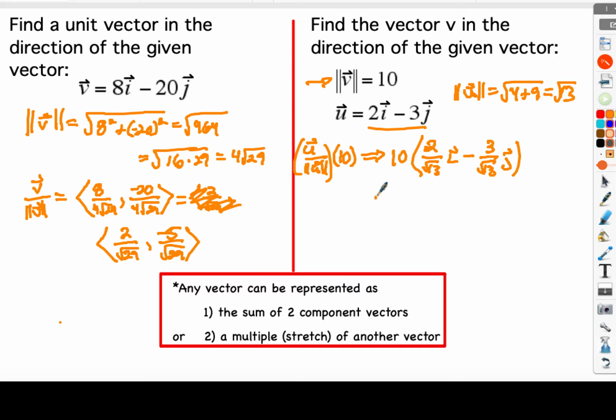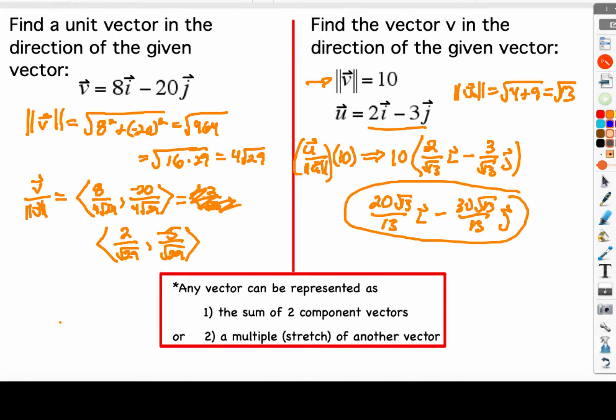So basically we have 20 root 13 over 13, rationalized, times i, minus 30 root 13 over 13 j. And if I double check the magnitude of that vector, trust me when I say we shrunk it to be of length 1 and then we stretched it to be of length 10. The magnitude of this vector should be 10 units long, only in the same direction as u. It's in proportion to negative 3 in that direction.